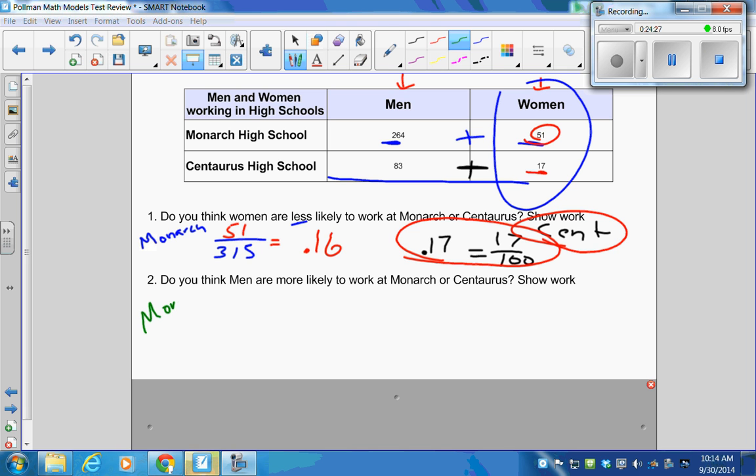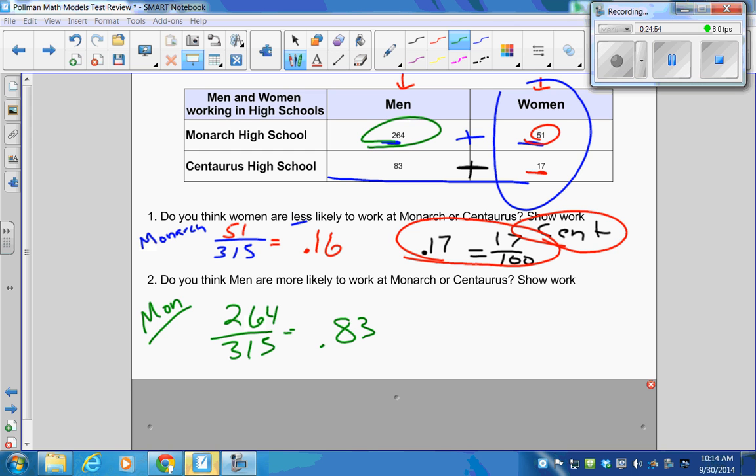With men, again, there's 315 total people who work at Monarch, and with men, there's 264 total teachers. So when I divide 264 men by 315 total teachers, I get 0.83. I think it's 0.838.